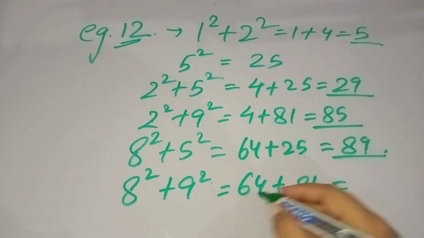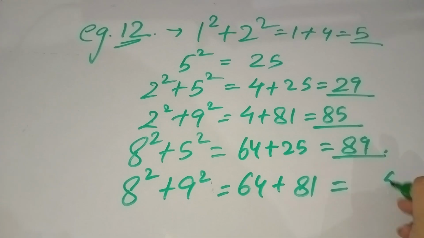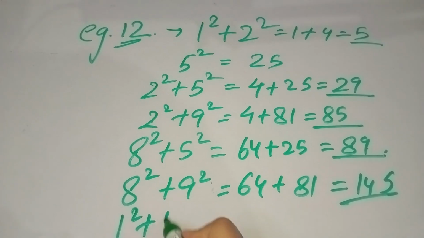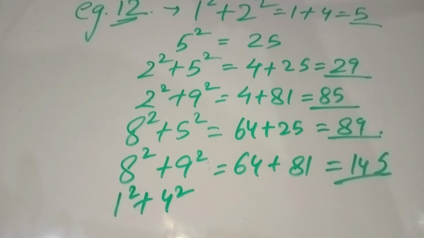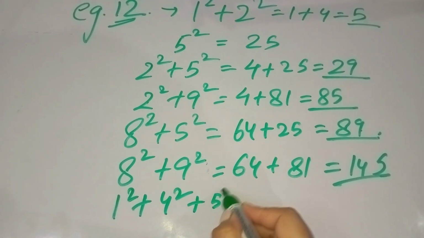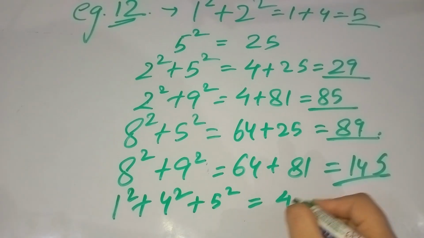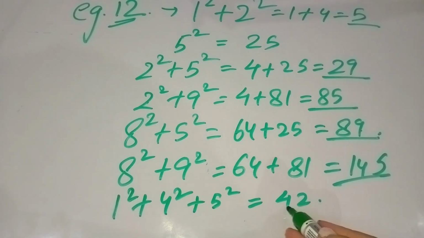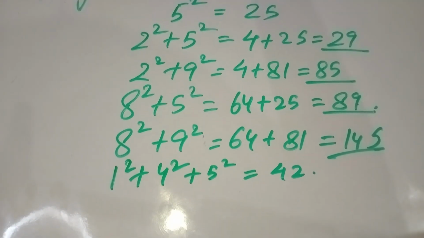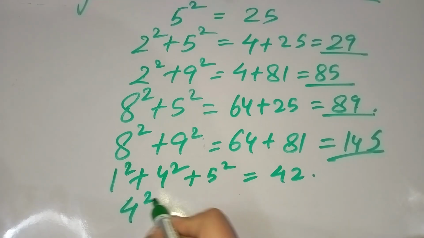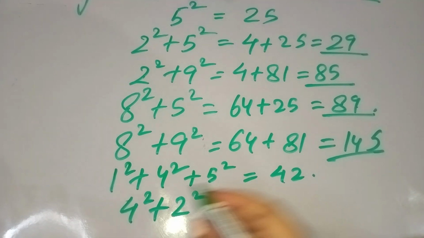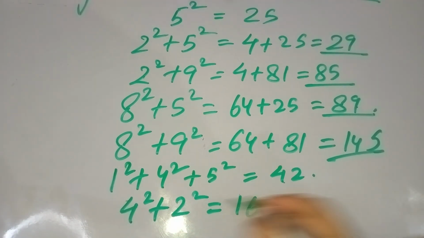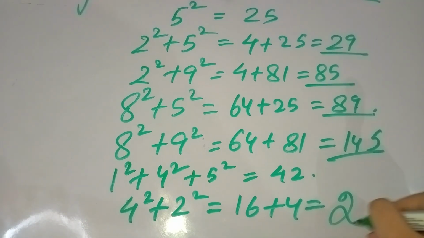So we'll get 145. Now again 1 square plus 4 square plus 5 square will get 42. Now again 4 square plus 2 square. So 4 square is 16. 2 square is 4. So we'll get 20.